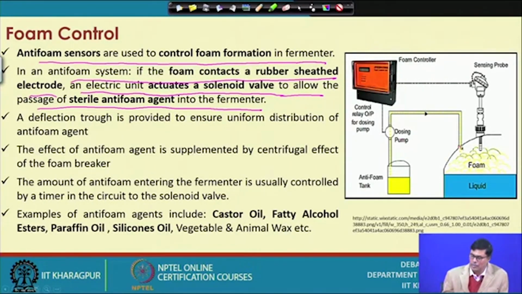As soon as the sensor senses, it will immediately open this solenoid valve and put the anti-foam oil into the reactor, and when it is put in the reactor, this foam will subside, and if the foam subsides, then it will not affect your mechanical seal at all.